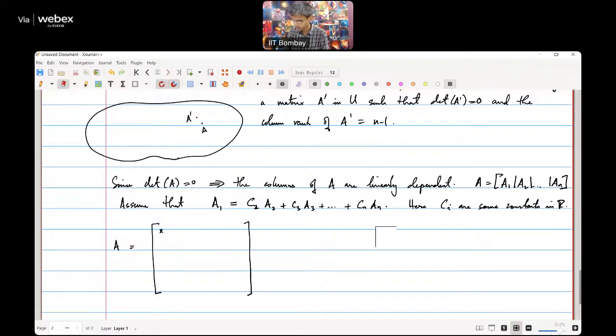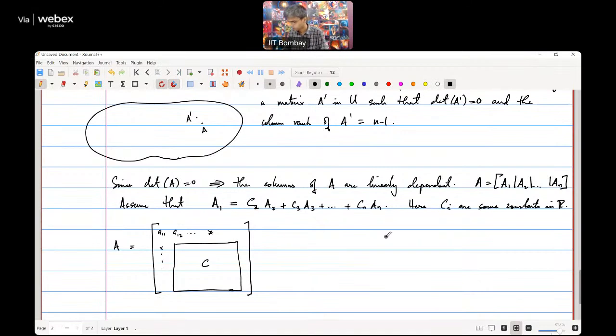Here we have A11, here we have A12, and so on, and this can be anything. This n-1 cross n-1 matrix, let us call it C.